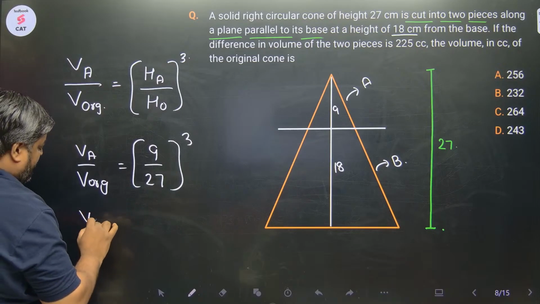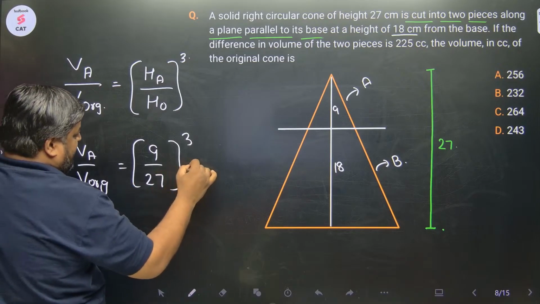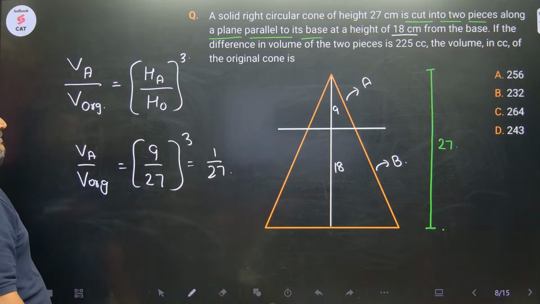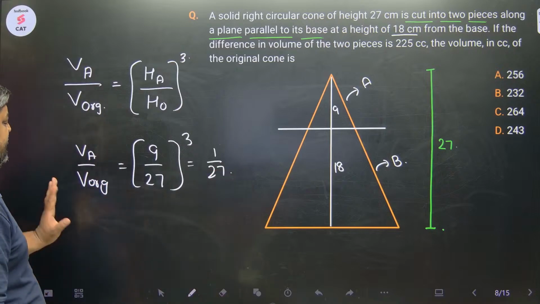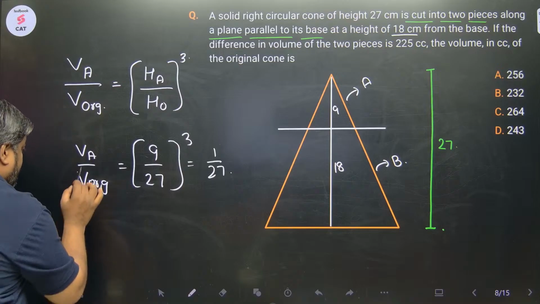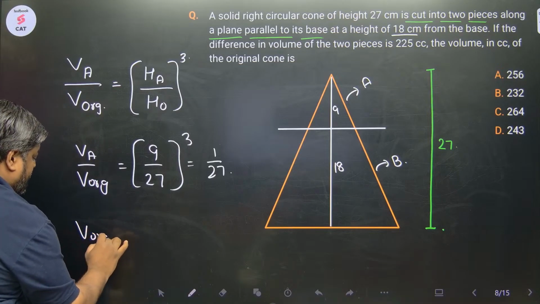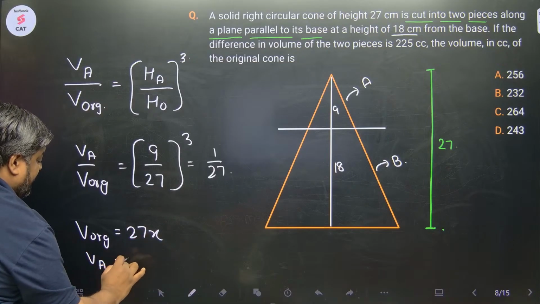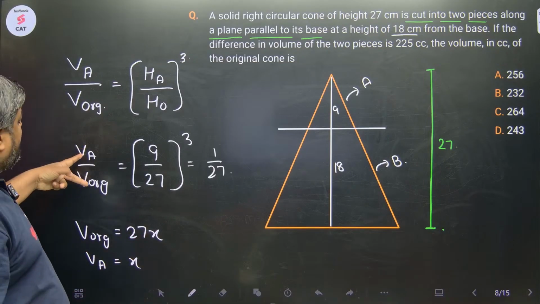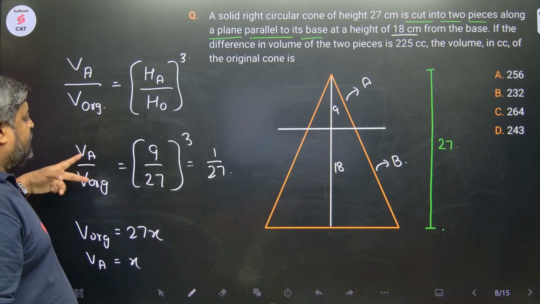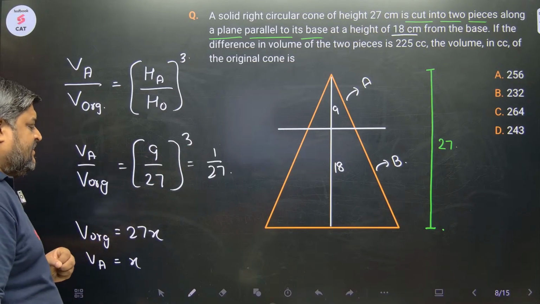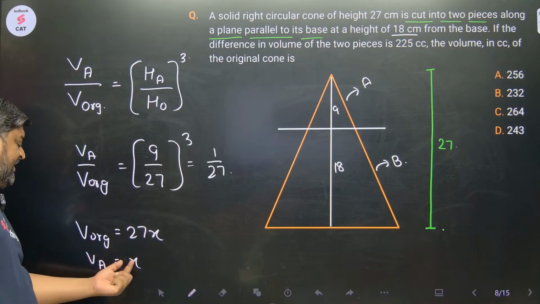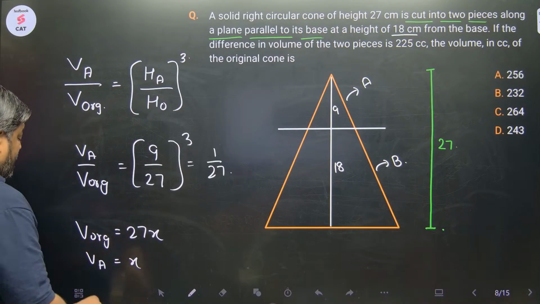Okay, so that's the thing. But volume of A, ये इधर लिखते हैं. This is 1/27. Sorted. So if I say V original अगर 27x था तो VA कितना है बेटा? x. वॉल्यूम ऑफ A और वॉल्यूम ऑफ ओरिजिनल कोन इज इन द रेशियो 1:27. तो वॉल्यूम ऑफ B कितना होगा?